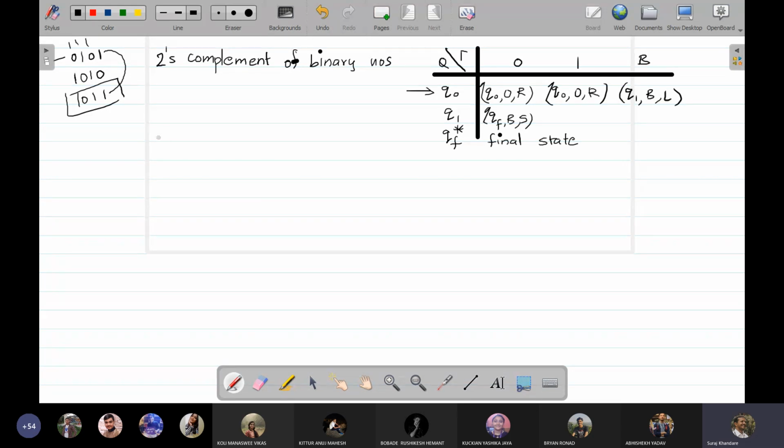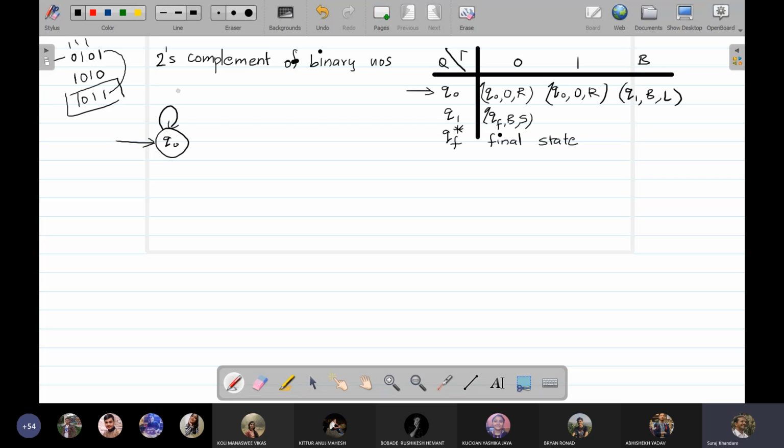So what do we do? We start from Q0. We don't use the logic that we have used in one's complement, where whenever you're scanning from left to right, you make zeros as 1 and 1 as 0 and keep moving to the right. Like that we don't do.